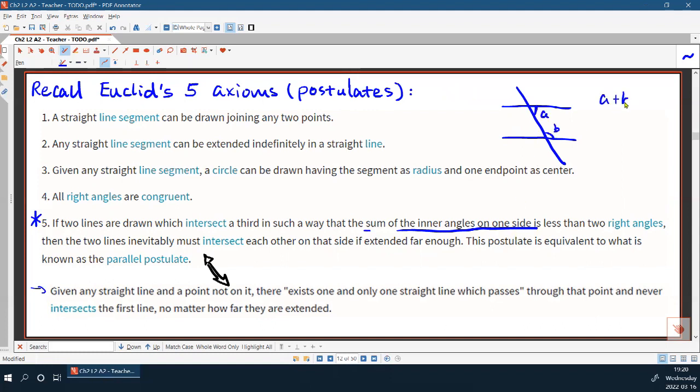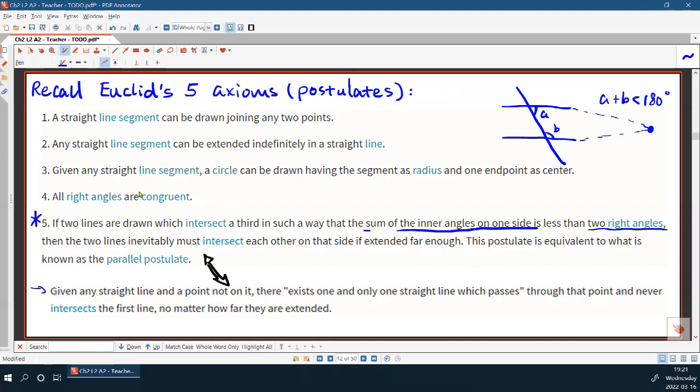If A plus B is less than two right angles, which is 180 degrees, right? If the sum of these two angles is less than 180 degrees, then the two lines inevitably must intersect each other on that side. So that means if I extend these two lines to the right side, they must intersect at some point, right?